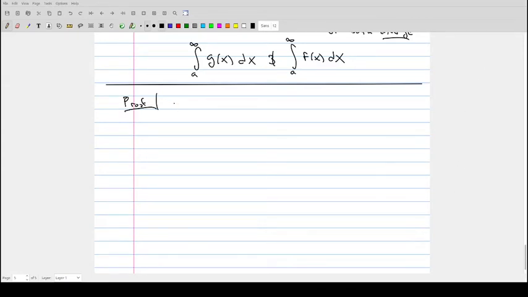So the idea here is that when x is very, very large, if the limit as x goes to infinity of f of x over g of x is equal to L, this is telling us that for very, very large values of x, f of x is approximately equal to L times g of x.